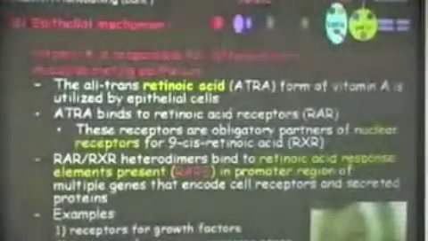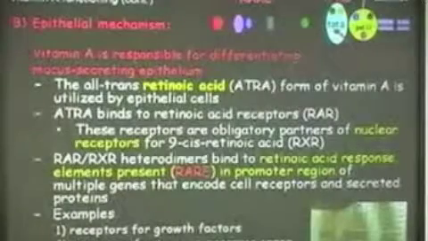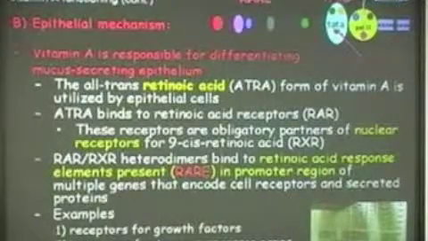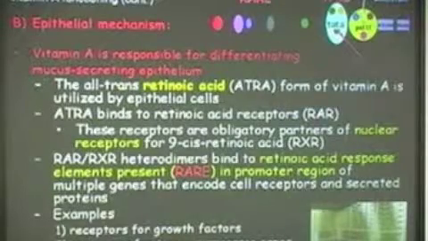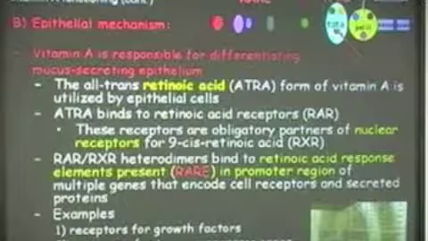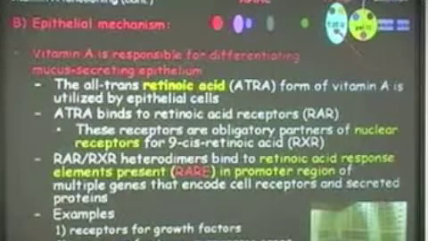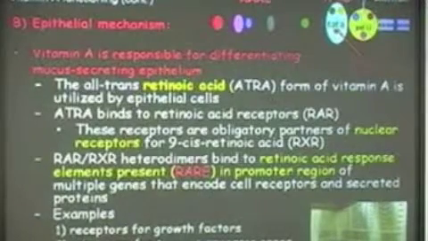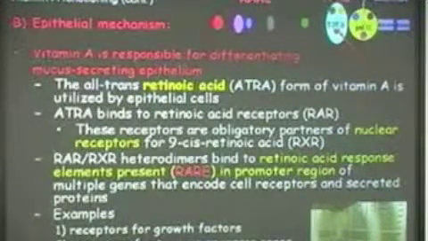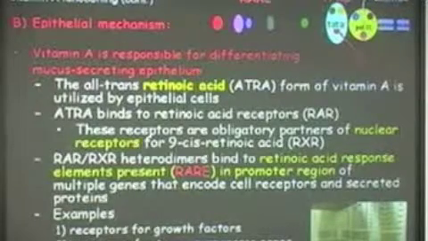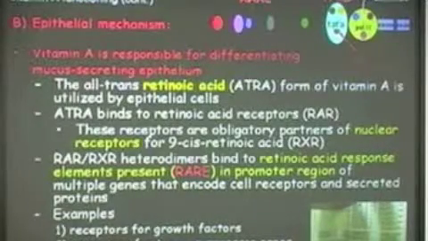All right, now, epithelial mechanism. This is important. Well, I don't think there was anything that I've talked about that really isn't, but pay attention. The eye was retinal. The skin is retinoic acid. It is a fat-soluble vitamin. If it's a fat-soluble vitamin, the characteristic that it possesses is that it's going to have an effect on your DNA in the cell.